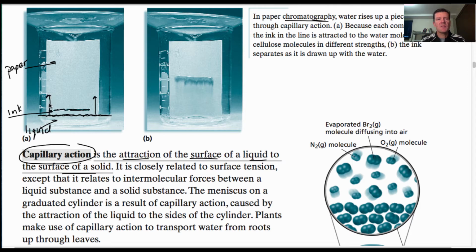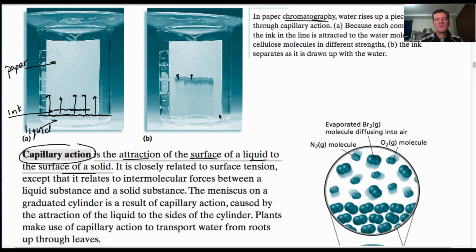It's going to flow up the paper, and as it does, it's going to pull this ink with it, and you get to see this ink kind of separate into the different colors, because these different colors have different polarities, which just means the particles might have a large polarity or a small polarity, which means their electrons spend more time on one side of the molecule than the other. Okay, and so they are going to follow the water up this chromatography paper.